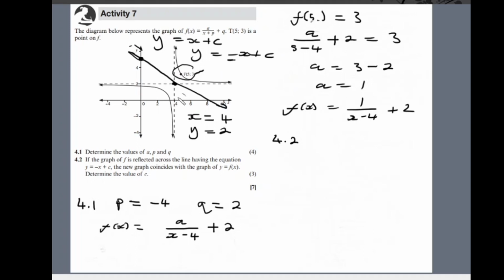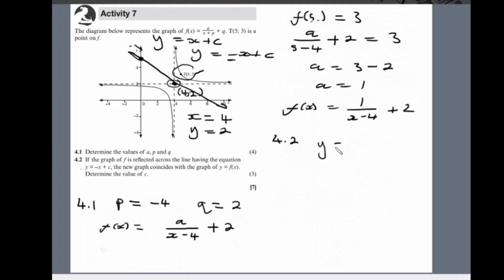The line passes through the point where the asymptotes intersect, where x is 4 and y is 2. We can simply substitute the coordinates of this point in our equation and solve for c.